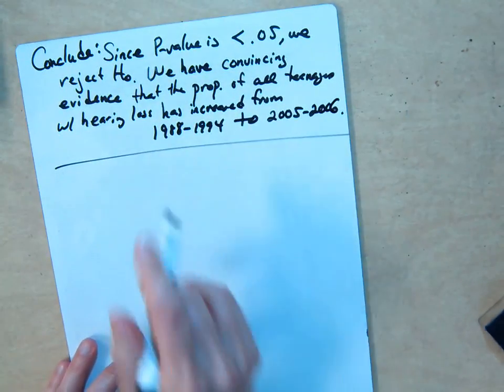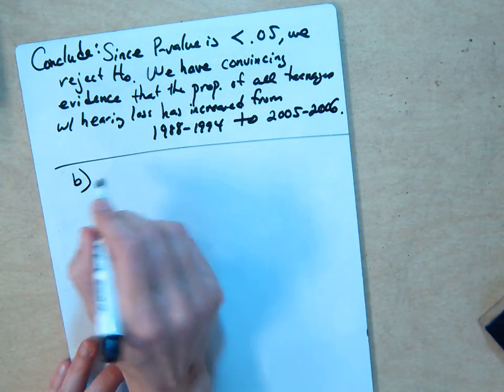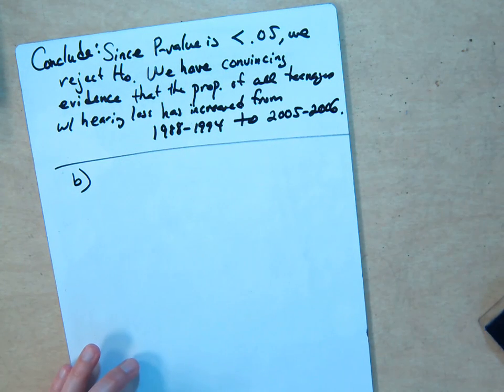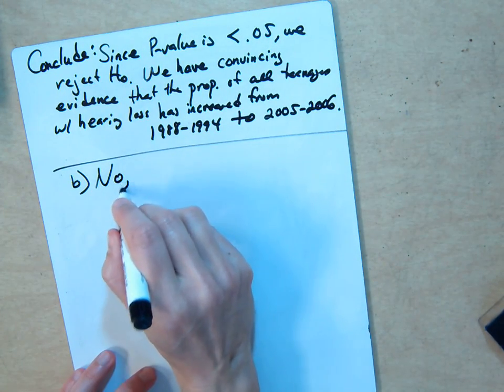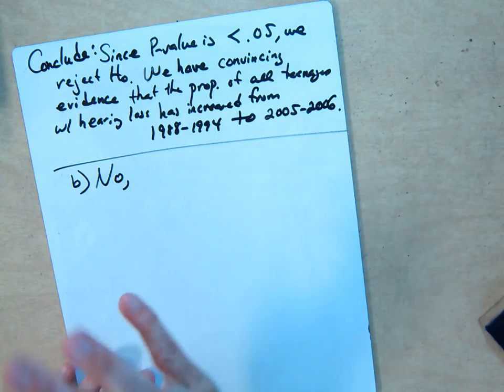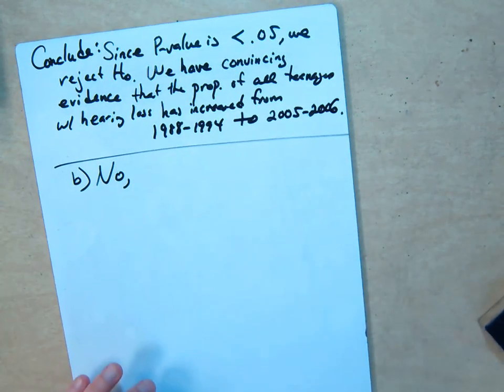So that's your conclusion. Now about the iPods, can we conclude then that the iPods caused hearing loss? What do you think? Okay, good. No. We didn't do an experiment where we randomly assigned some teenagers to listen to iPods and some to not. So there's no way we can draw a conclusion about iPods being the cause. It might be rock concerts or something else. Okay.